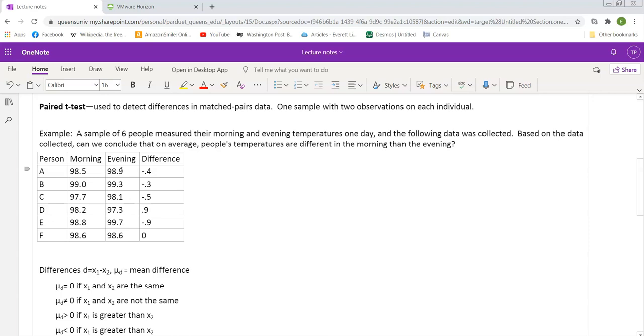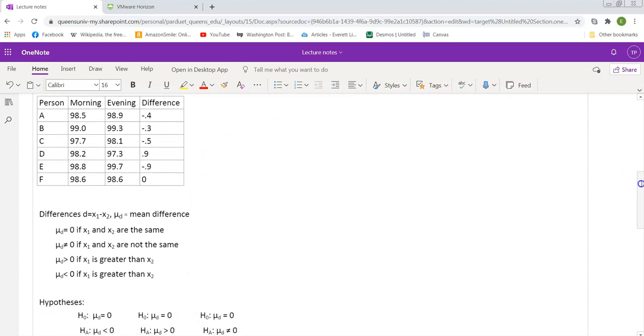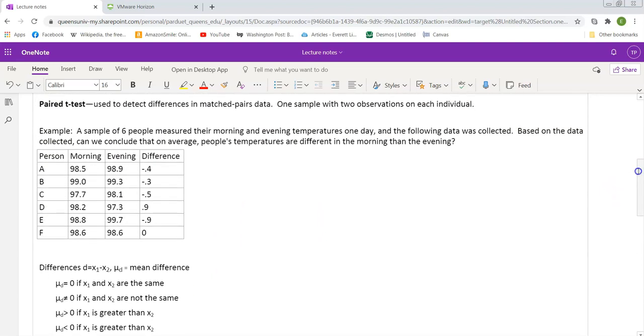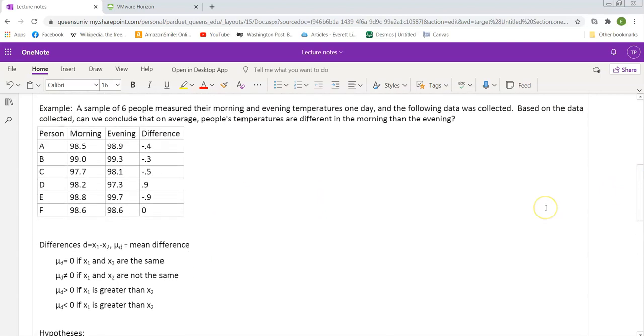So I'm going to do a little bit of explaining here just to walk you through what a paired t-test is and how it works and what it does. I don't expect you to do all of this every time, so a lot of this is just to give you an idea of what's going on here.